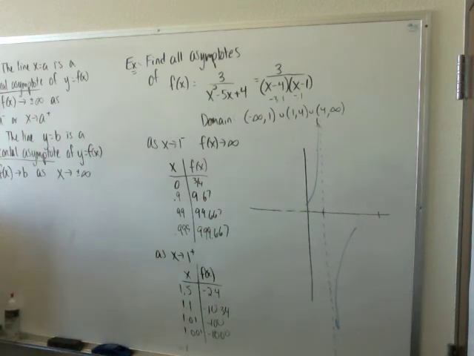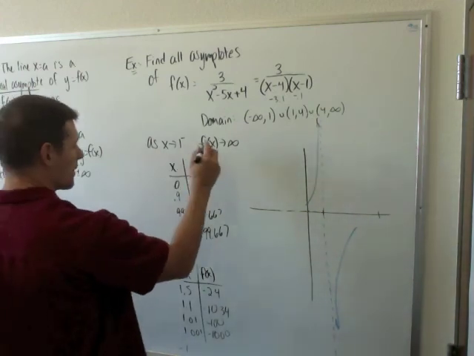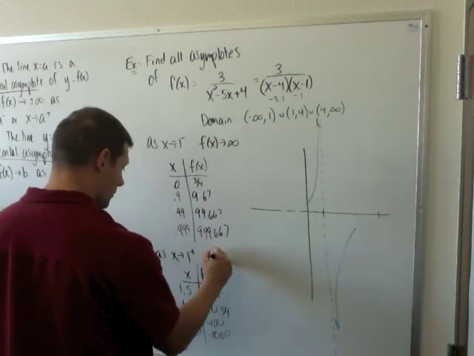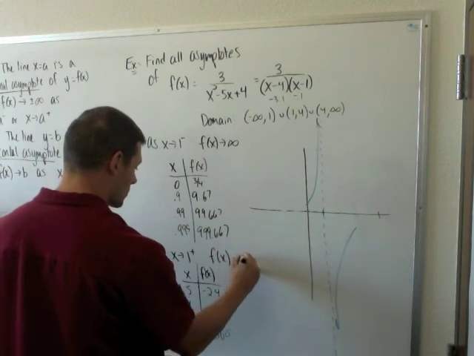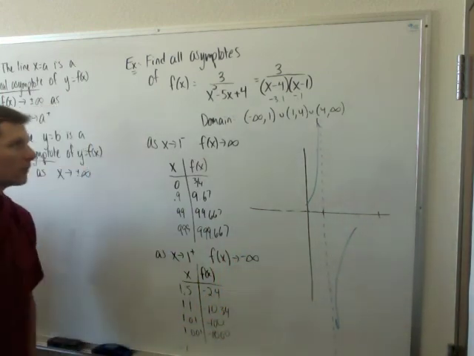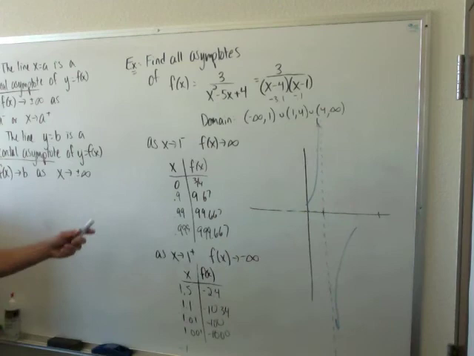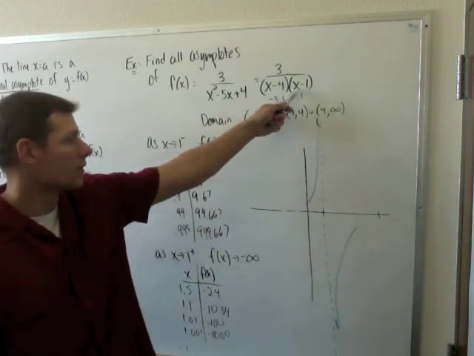That's exactly what that says. So as x approaches 1 from the left, f of x goes to infinity. As x approaches 1 from the right, f of x approaches negative infinity. That's when we approached 1 from the left and right.